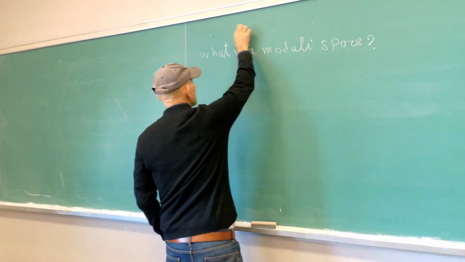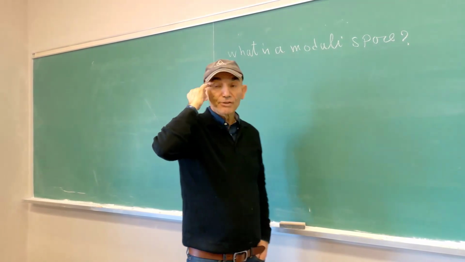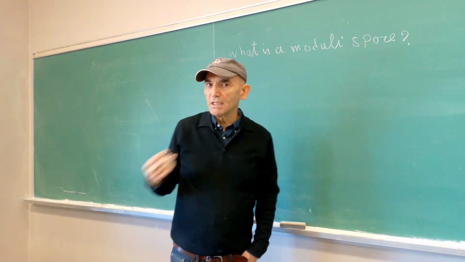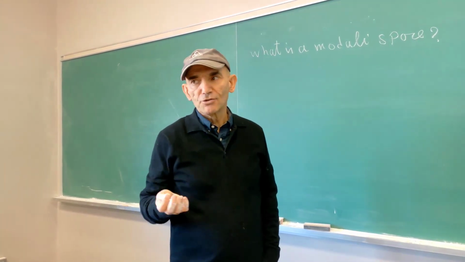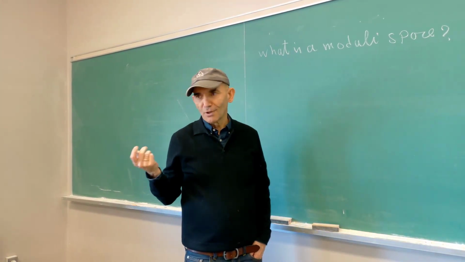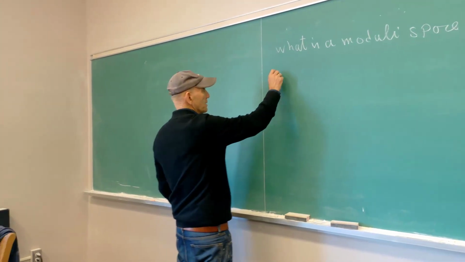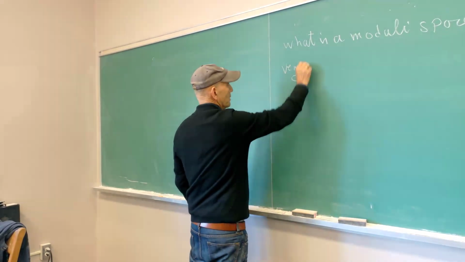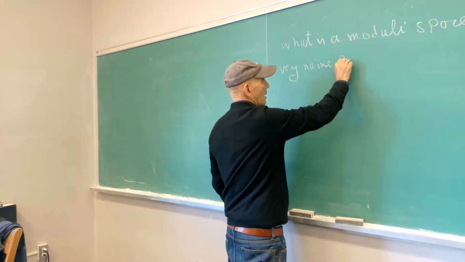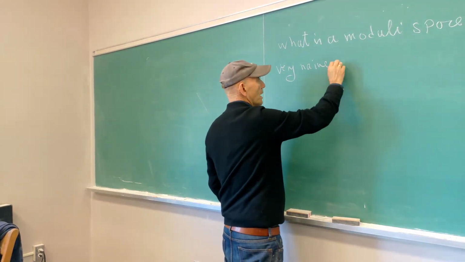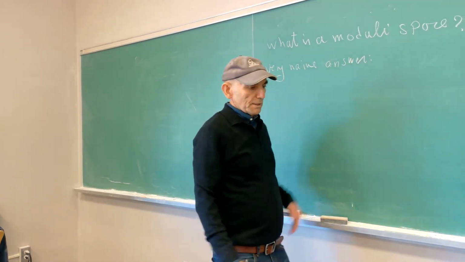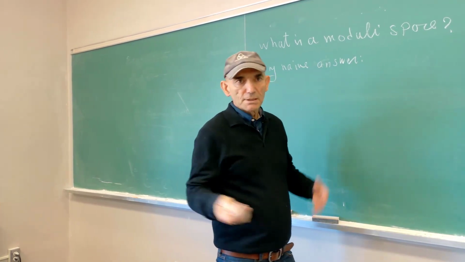I'm going to actually give you three answers in levels of sophistication. The absolutely naive, kind of undergraduate definition I can give you, which is more or less good for us, is very naive: you have a set of objects.